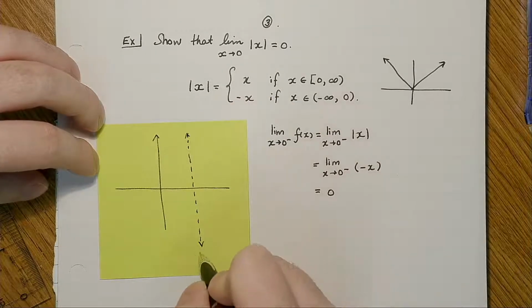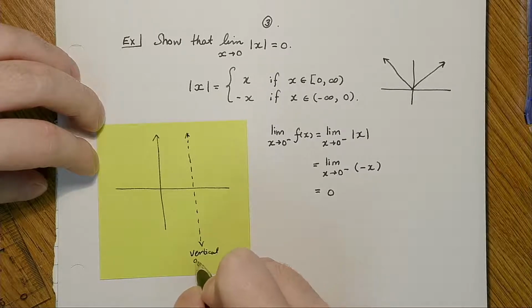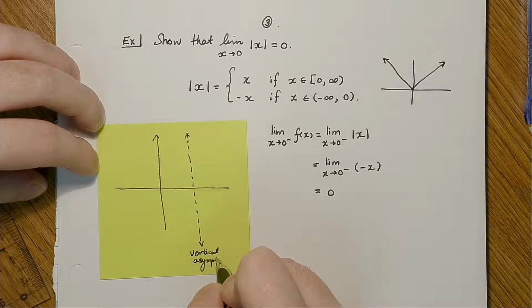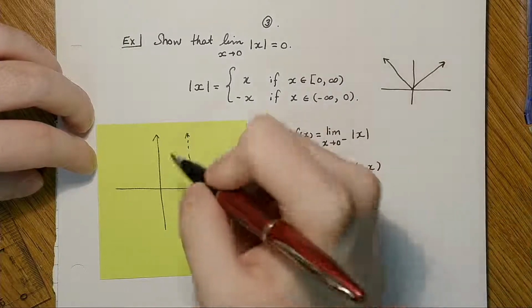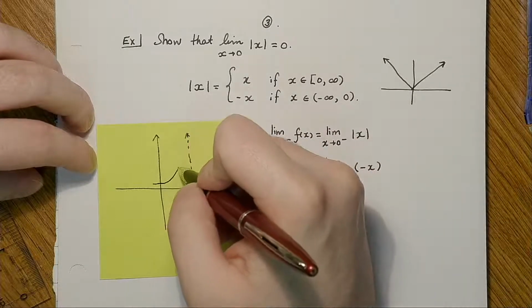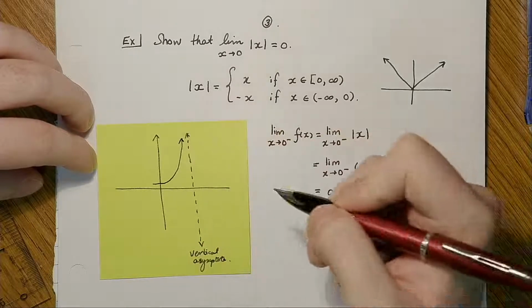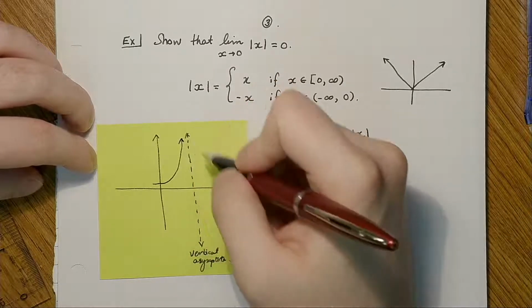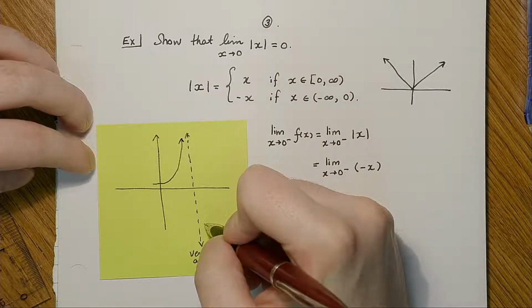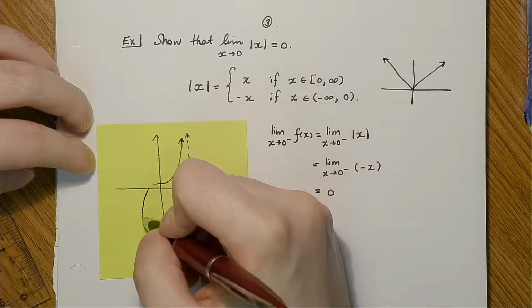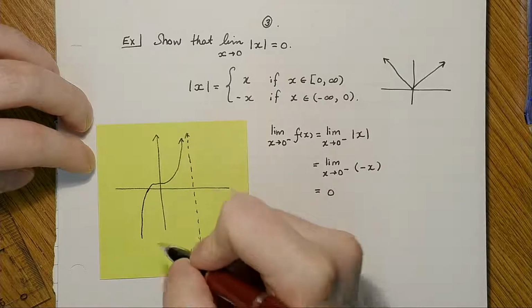this is a vertical asymptote. And let's say that I have something like this. It's approaching this vertical asymptote. It's going off to infinity. And let's say that I want to do, say, the tan function.